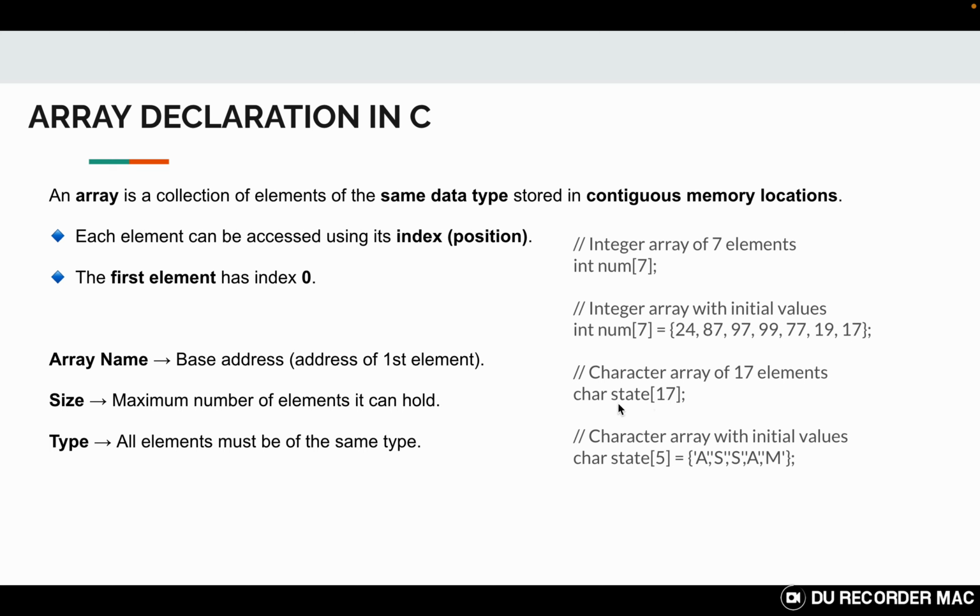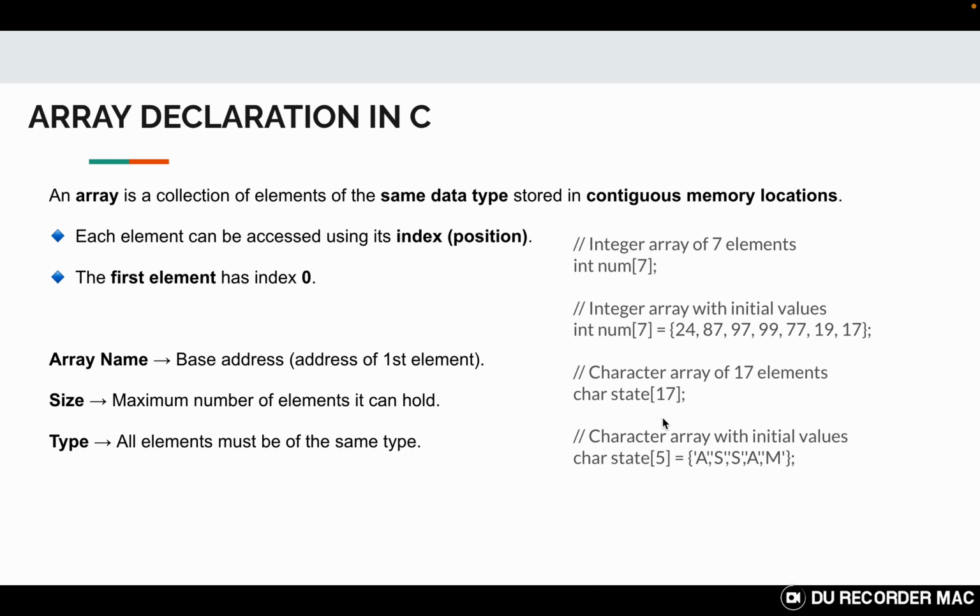That means we have declared an array, or a space, in the memory of the computer whose name is state, and that state can hold elements of type character, and it has 17 spaces. So when you declare this, it will provide you with 17 spaces of memory in the computer, from index 0 to index 16.